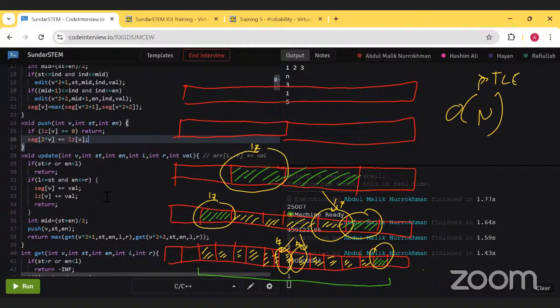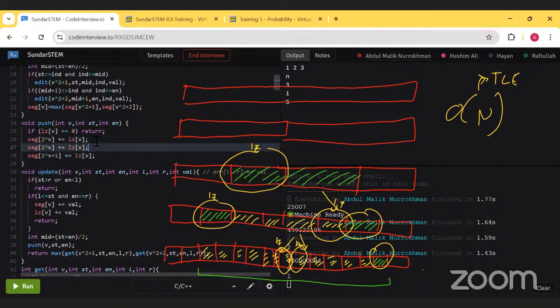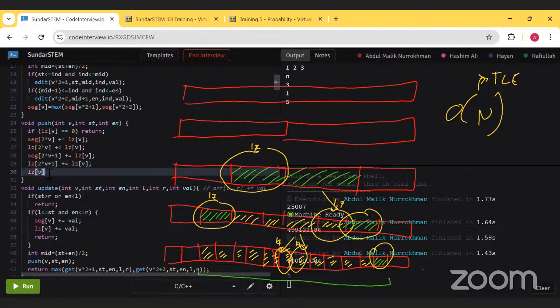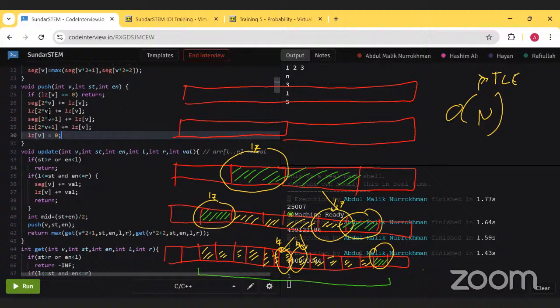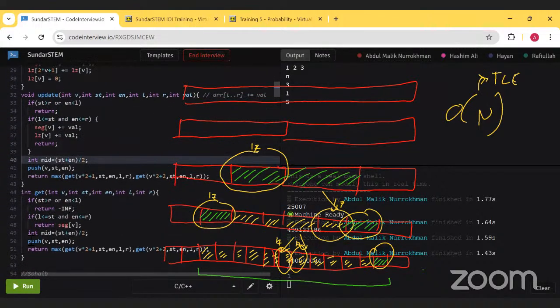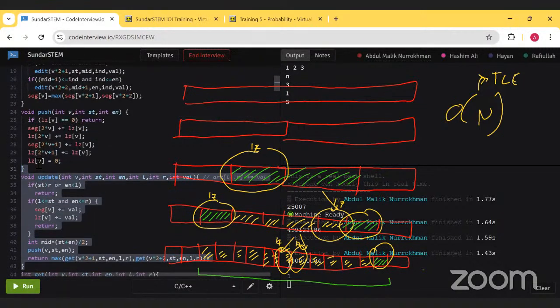And so is this. And also about the lazy, we also store the lazy of the child. And then don't forget to mark that this task is done. Okay, this is the implementation. You can just add this and then create these two functions.